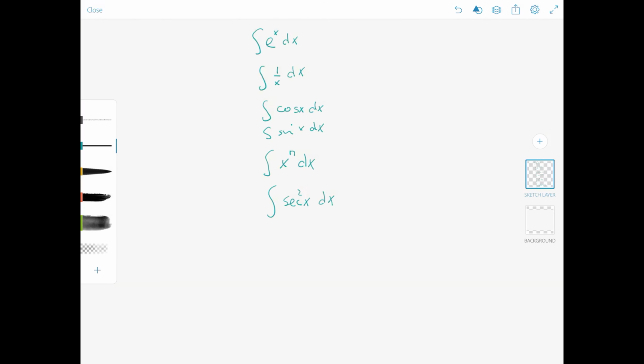We had secant squared x dx. We had all of these that we had worked out in the first video, but variants on a basic theme.